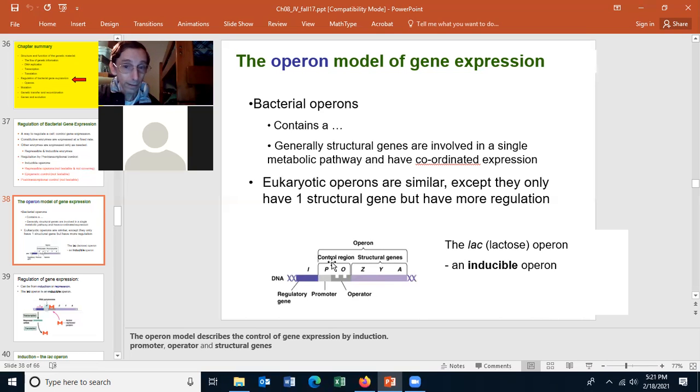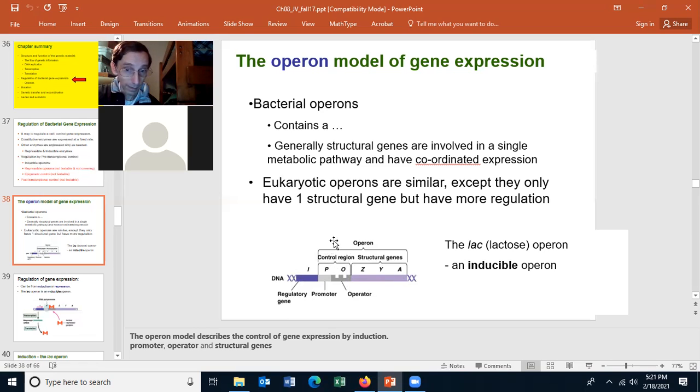One way to regulate the expression of an operon, meaning the structural genes in the operon, is to have a regulatory gene, and that's shown in this map. The regulatory gene is not part of the lac operon.